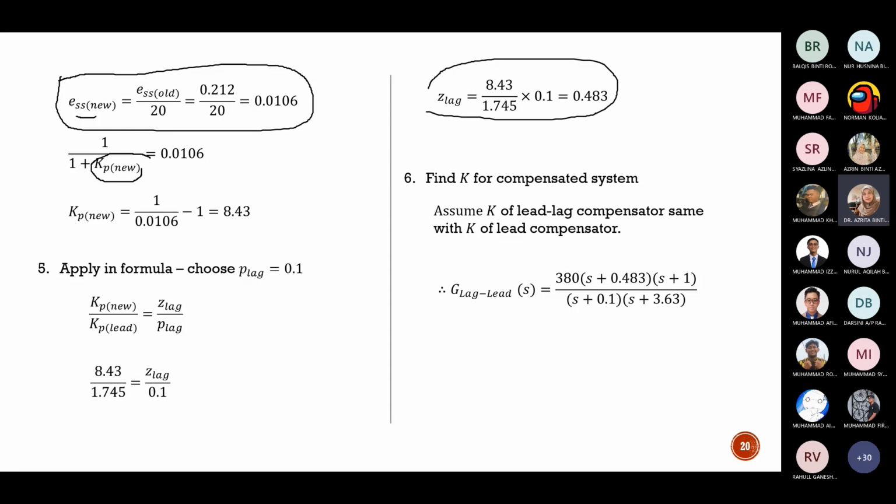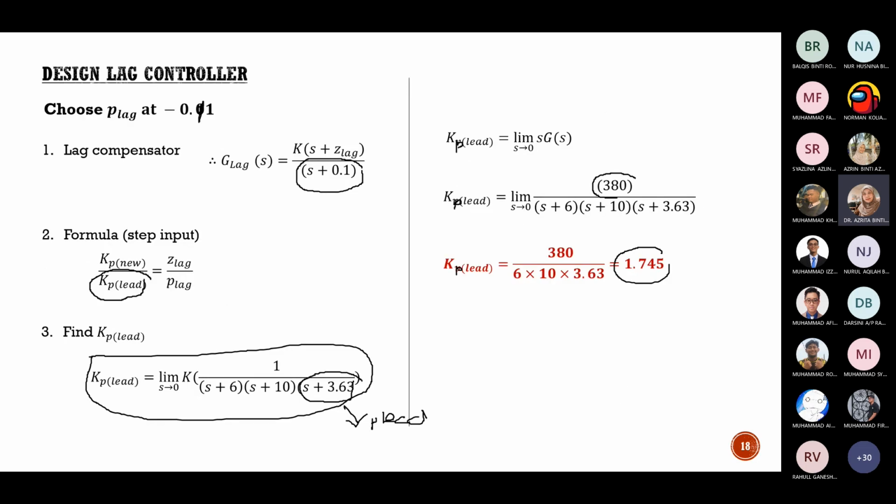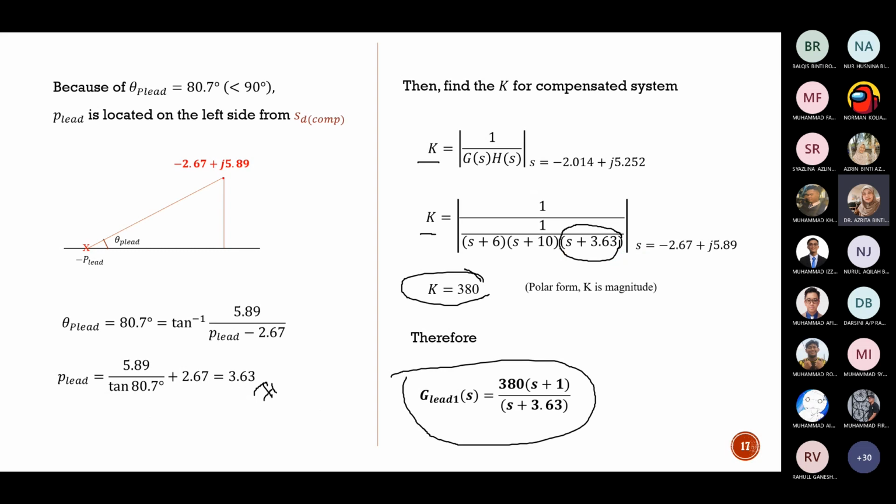And lastly for the K, we just assume that K for the lag lead is the same as the K of the lead compensator. So which value of the K of the lead compensator is here? 380. Okay, this is the value for the K lead.